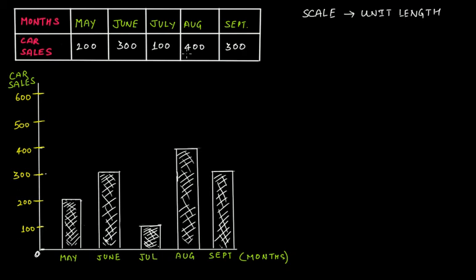There's nothing like that. So we need not take even 0 to 50, then 50 to 100, then 100 to 150. It's not like that. So it's all the multiples of 100. So 100, 200, 300, 400. This is very important.